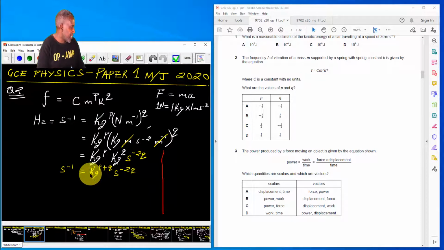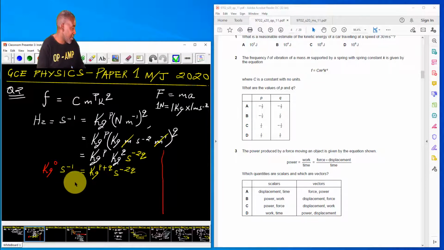You can see that on the left hand side we don't have the physical quantity kilogram, but on the right we have it. This is what you can do. I'm just going to insert kilogram on the left hand side like that, but then I will raise it to power 0. The reason I do that is because any number raised to power 0 is 1, and 1 times something is just that thing.